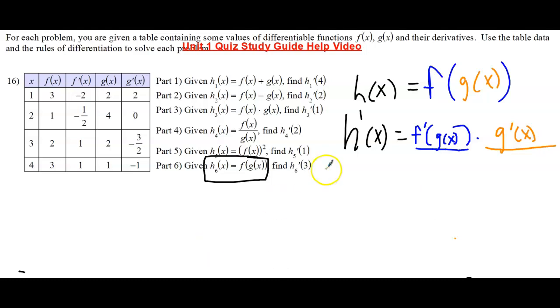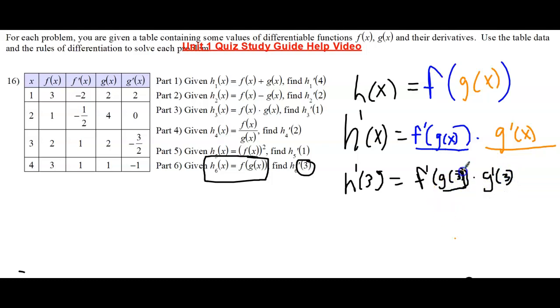And now we're ready to go ahead and plug in the number that they gave us, which in this case is 3. So we're going to be putting 3 in there. All right.